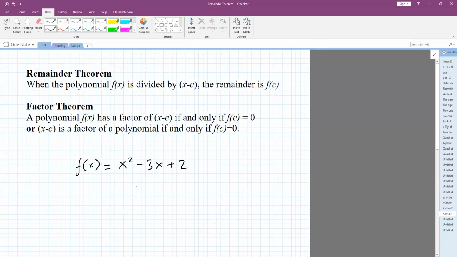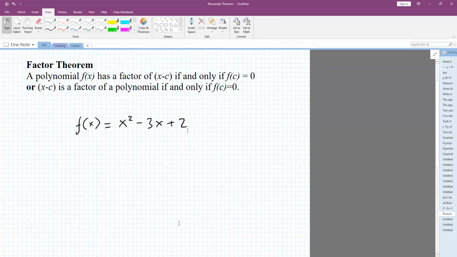Now, when I divide this polynomial by a factor, for example, x minus a number, the remainder of this division will give you f of c, f of that number. So what does it mean?